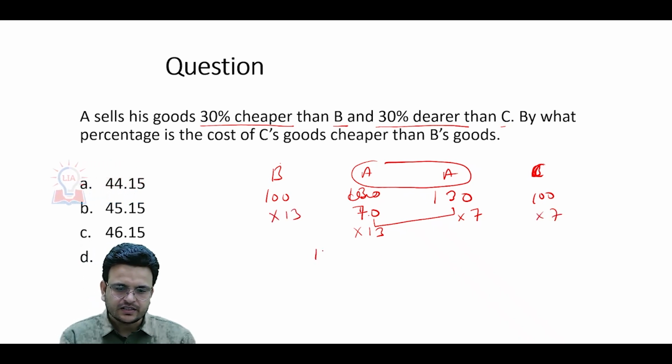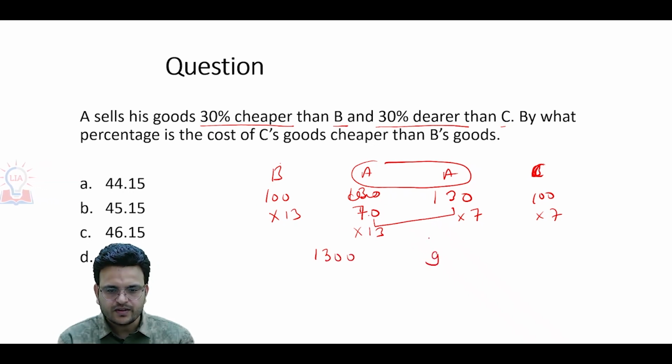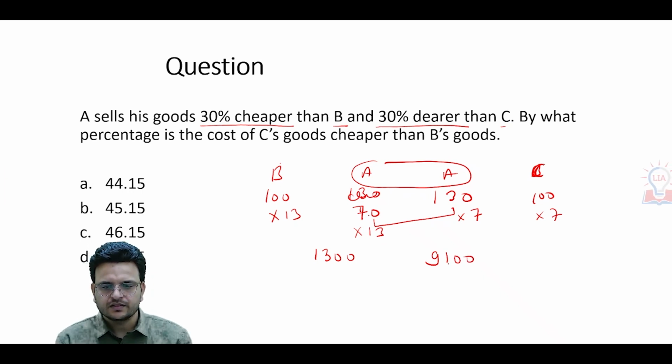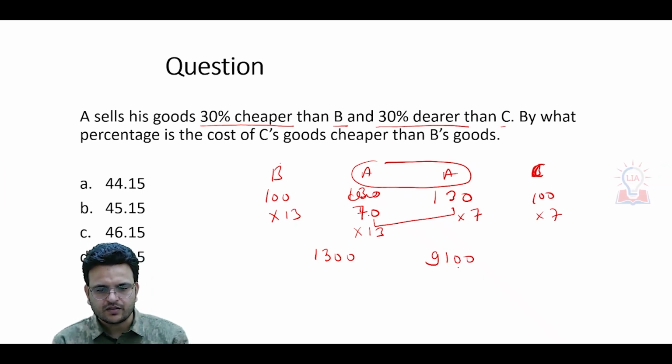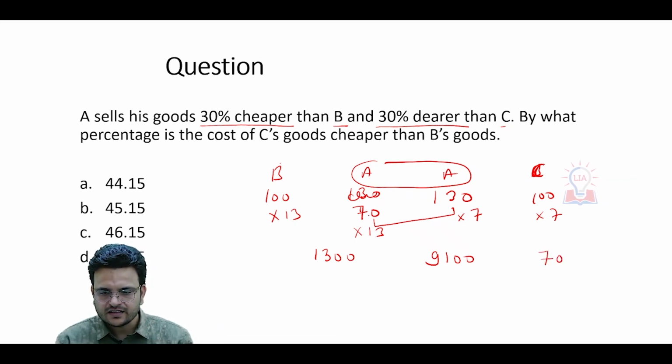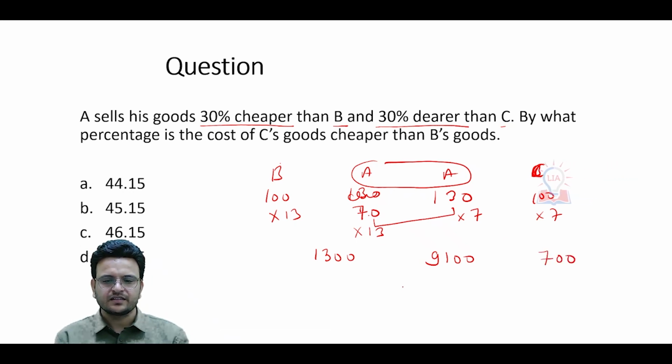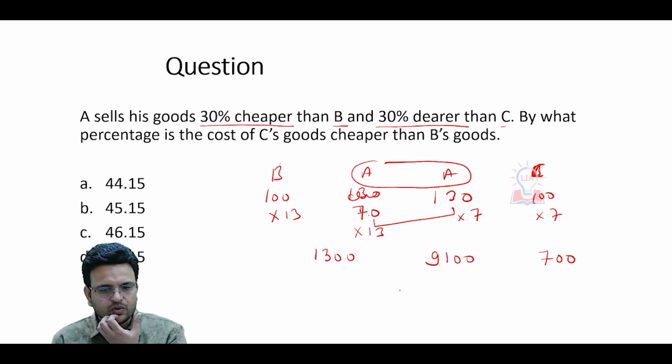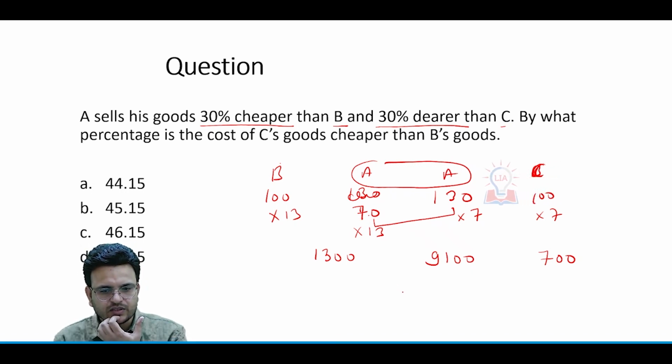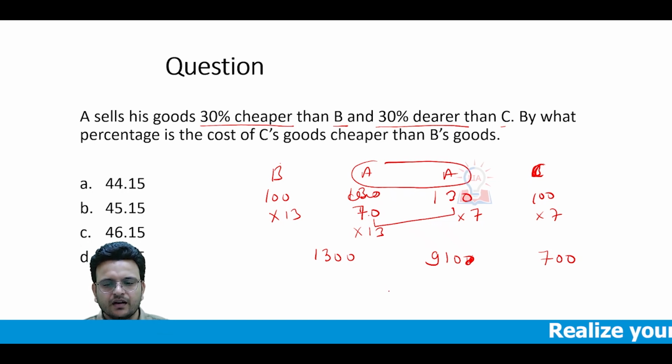It becomes 910. It becomes common. It becomes 910 again, and 700. Okay, got it? If you see both values, it becomes 910.